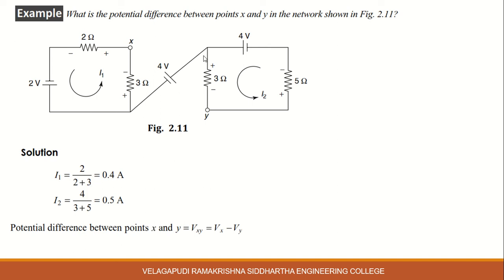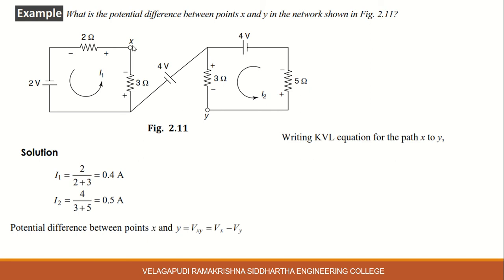That means there is no current flow from this point to this point; I2 is not divided at this point. Similarly, for this closed loop, current I1 flows through the 2 ohm resistor, the 3 ohm resistor and the 2 volt source. There is no current dividing at this point, so in this path there is no current flow.